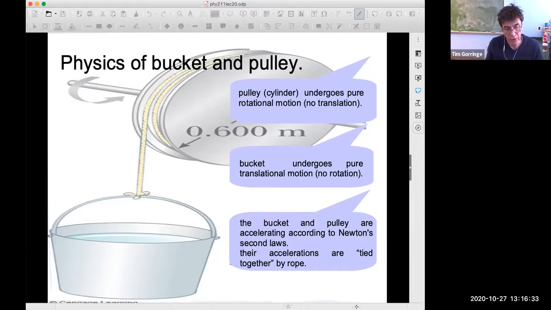So the rotational motion of the pulley and the translational motion of the bucket are related to one another. They're joined to one another. And we can solve the acceleration of the bucket, the angular acceleration of the pulley, the tension in the rope. We can solve all those things by joining together the Newton's second laws that describe the rotational motion of the pulley and translational motion of the bucket. And that's what we're going to do.